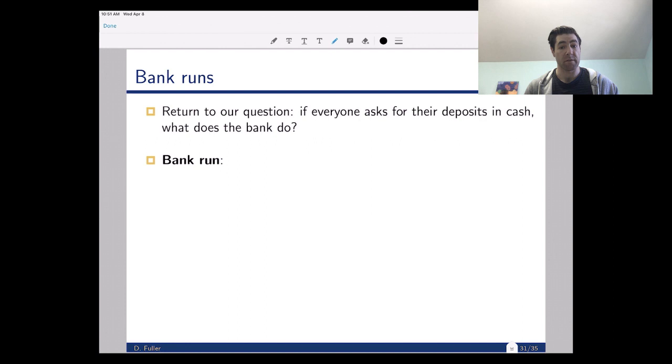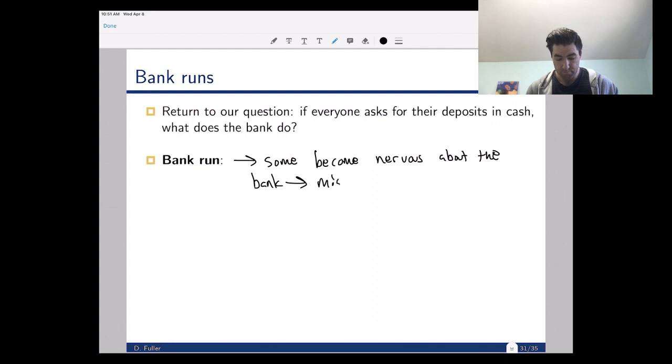A bank run works exactly like this. So some people become nervous about the bank. Specifically, they think the bank may go under or close for good.